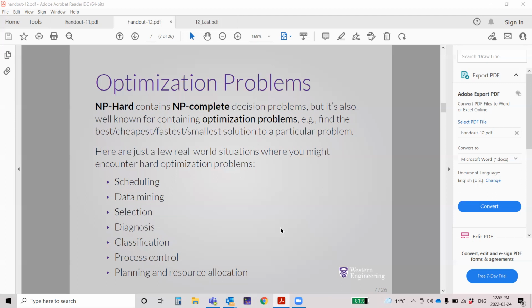Scheduling. To schedule tasks in an operating system, you took the operating system course, right? Or you are taking it now. I believe it's first semester, third year, right?